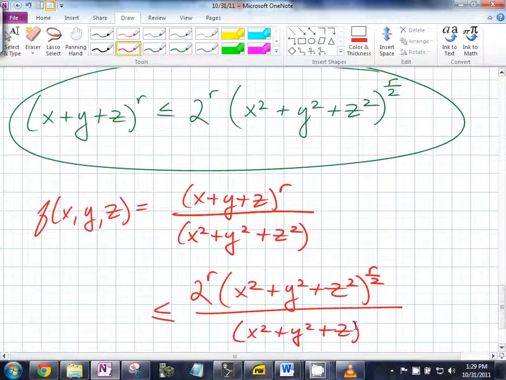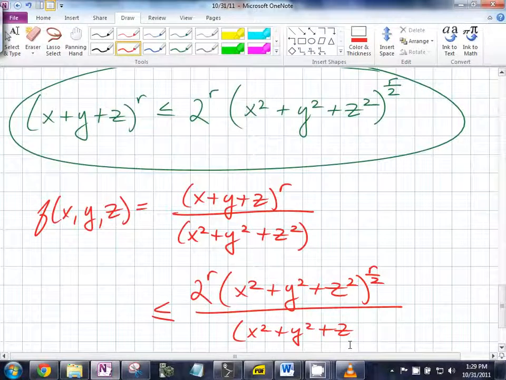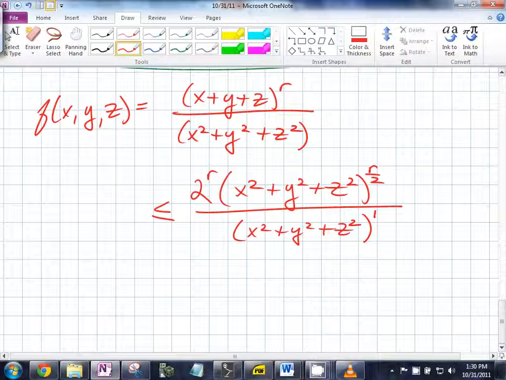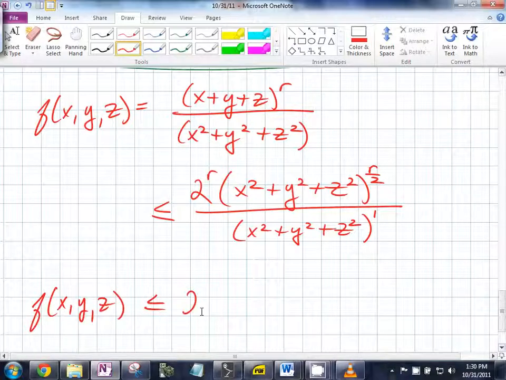Okay, so let's simplify this. We have a power of 1 right there, so you end up with this. F of x, y, z is less than or equal to 2 to the r times x squared plus y squared plus z squared to the r over 2 minus 1. Are you okay so far, everybody?